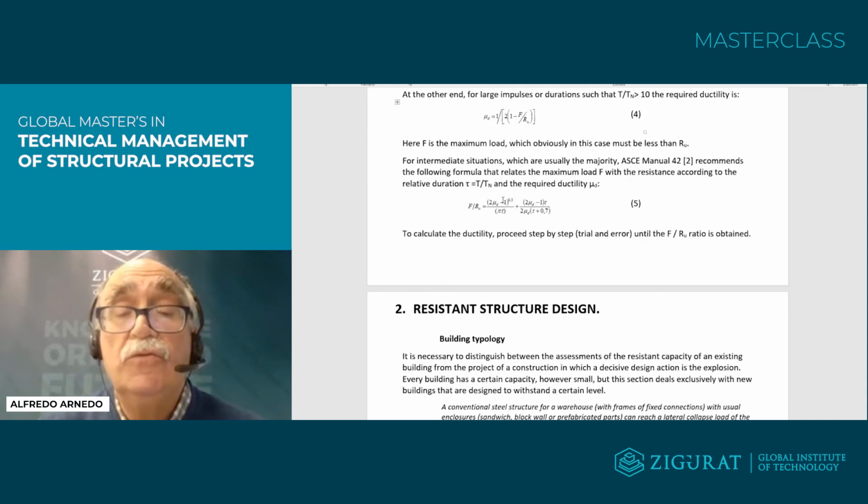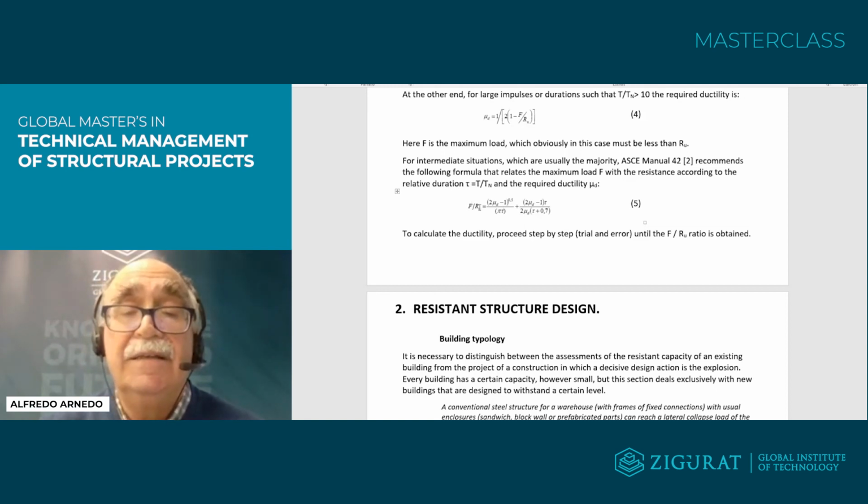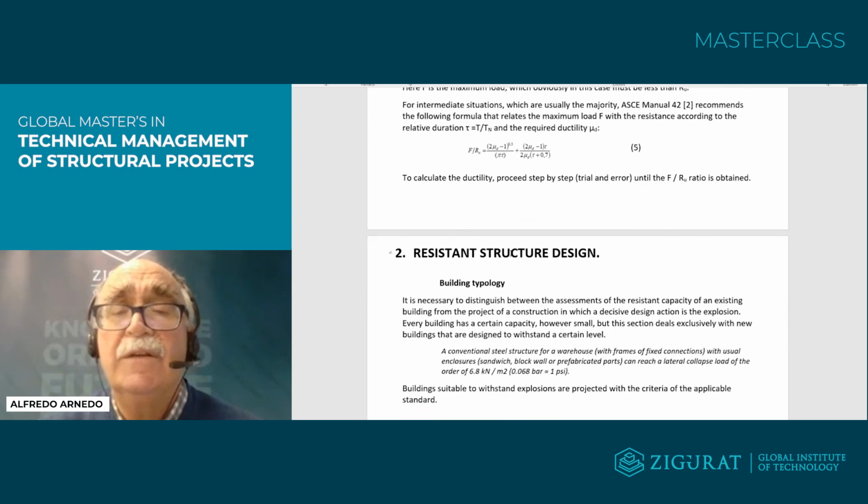But we have to use this formula by trial and error, step by step, considering that here tau is the ratio between duration and period, and suppose a ductility and calculate the ratio between forces. We try different ductilities until we obtain the actual quotient of these forces, and then we are sure that we have obtained the response.